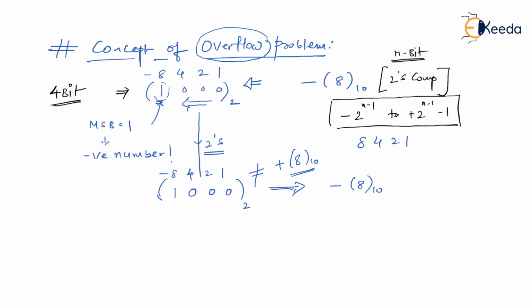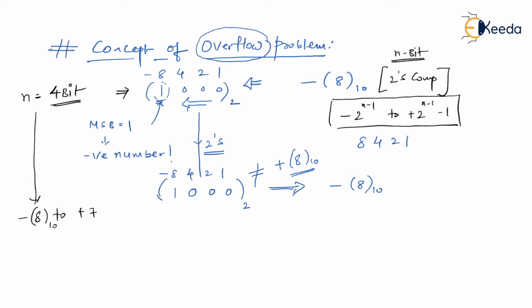Don't forget here n equal to 4. The moment you substitute n equal to 4 in this formula, you will understand that the range in which you can represent a 4-bit number is minus 8 to positive 7.